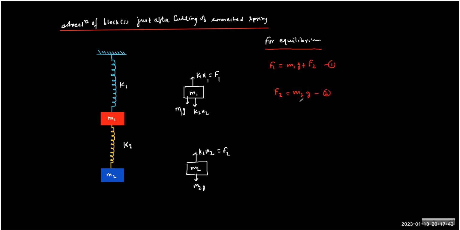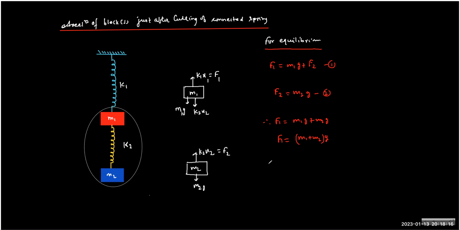And if you substitute F2, how much F1 will you get? Tell me. So you can clearly see that the spring force in the above spring is (M1 plus M2) into G. And you could have thought of it as a single mass suspended from K1. So K1 is holding the weight of these two blocks, isn't it? Do you realize this?